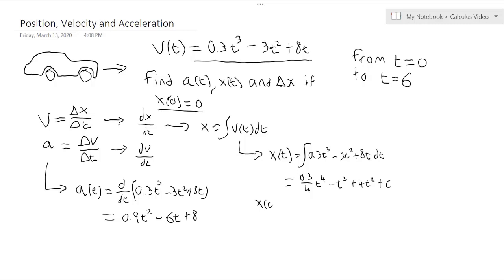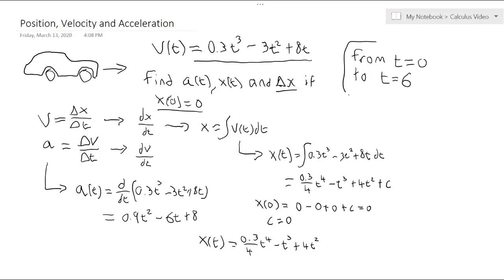So x of 0 is going to be equal to 0 minus 0 plus 0 plus c. So we know that c has to equal 0 because that's all equal to 0. Okay, so x of t is now equal to 0.3 over 4 t to the fourth minus t cubed plus 4t squared. And so now we just need delta x.